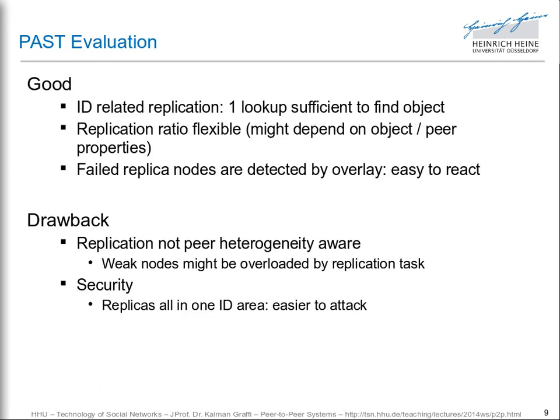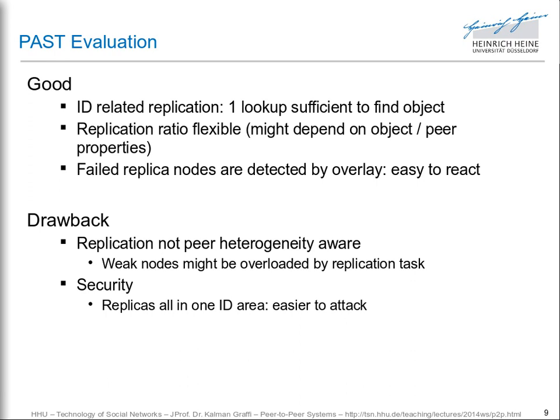Okay, here we have the evaluation of PAST. Yes, we only need one more lookup to find an object because the replica is in the leaf set, and the replication ratio is flexible, so this might depend on the object peer properties.